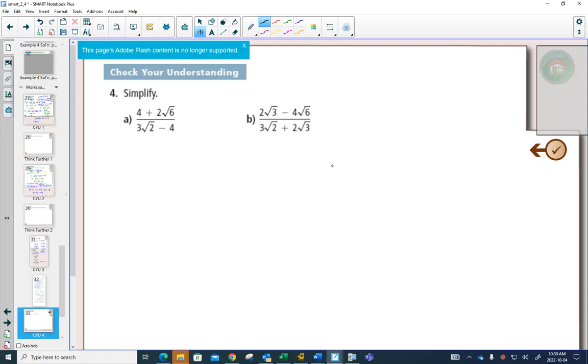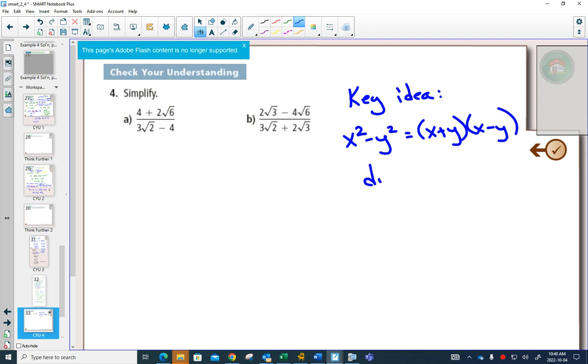And these have square roots in the bottom. Okay, so off to the side, we can put the key idea, which is the idea of difference of squares.